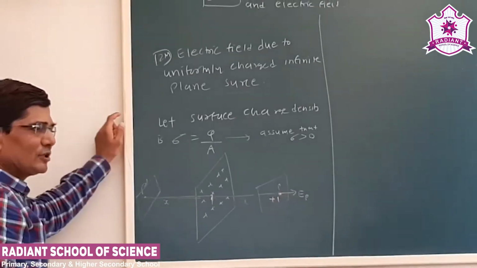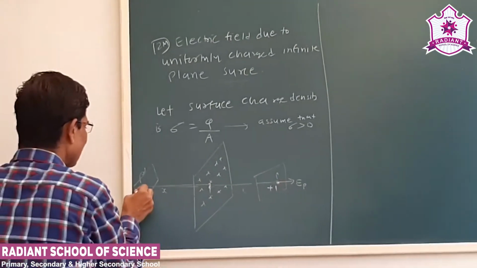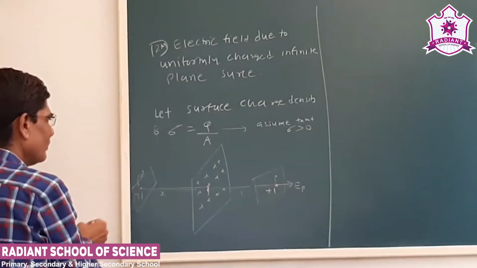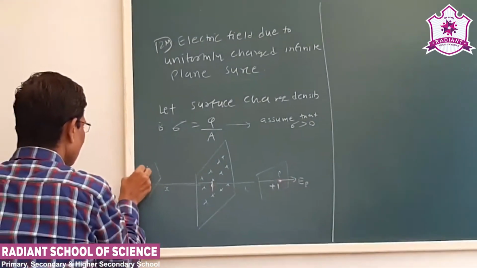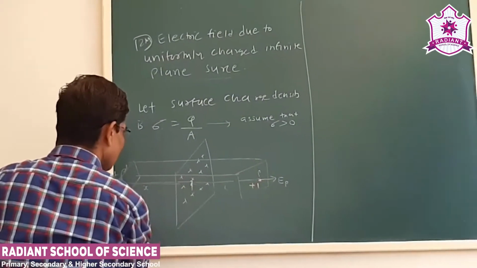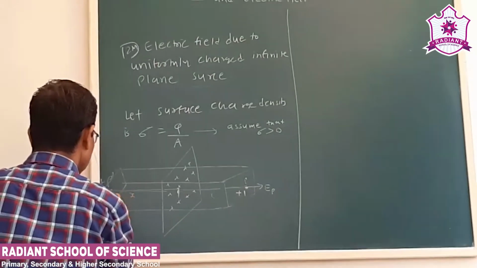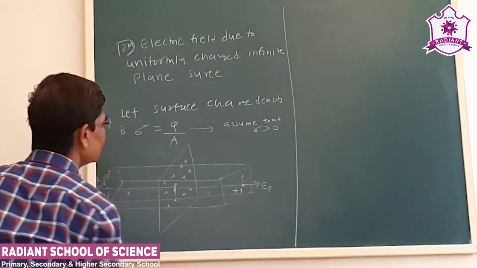Now what about the direction? Again the test charge will be a unit positive charge, plus 1, so the force is repulsive, so E is directed away. Now we consider a Gaussian surface enclosing this.